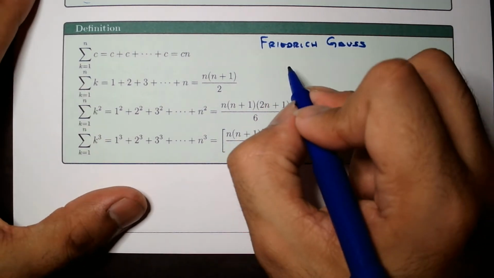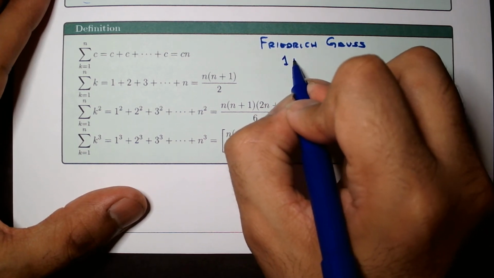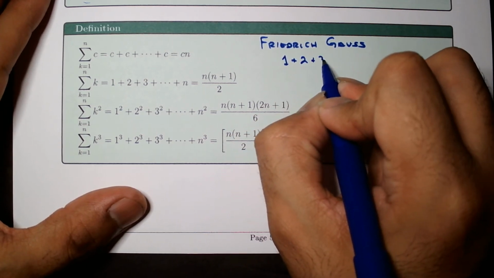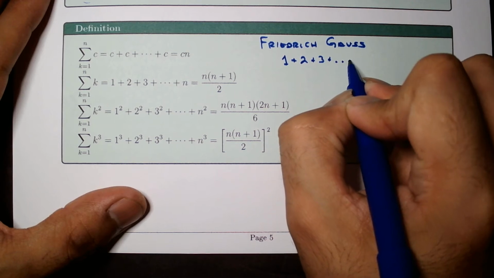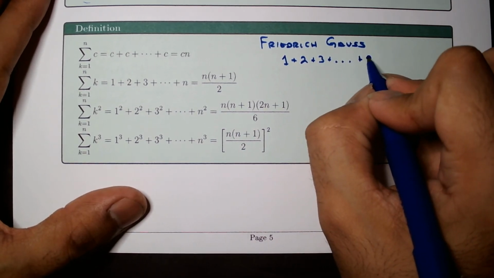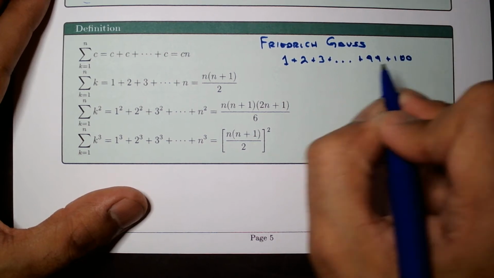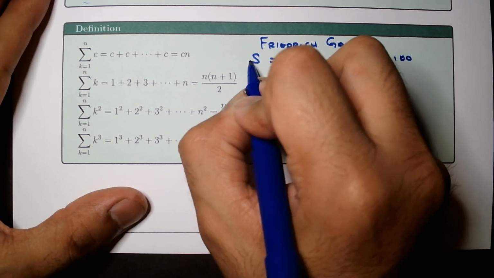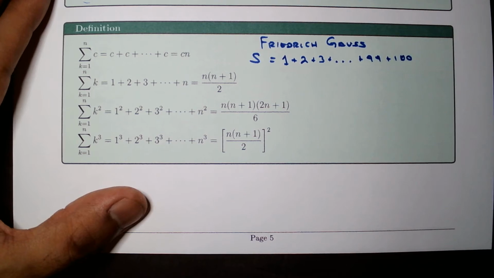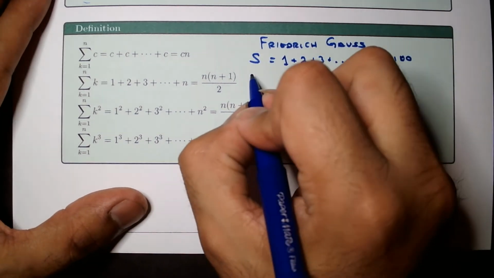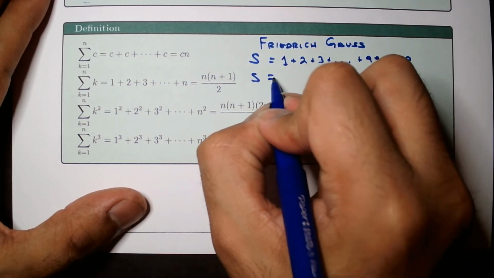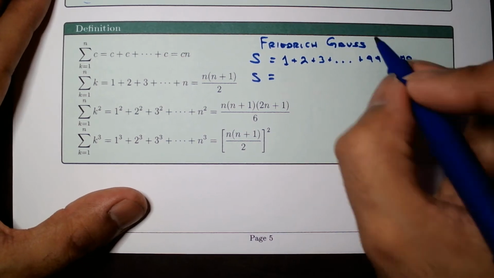So this is what we are trying to do: 1 plus 2 plus 3 plus dot dot dot plus 99 plus 100. Let's call this S for sum. And then let's write S again, but let's do it backwards this time.